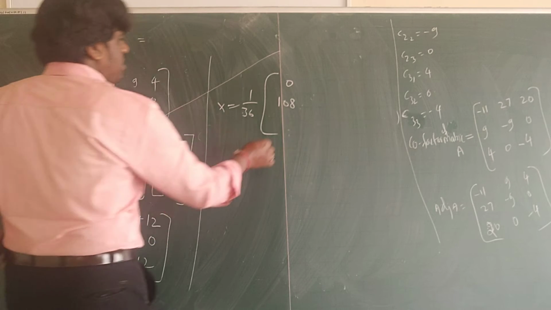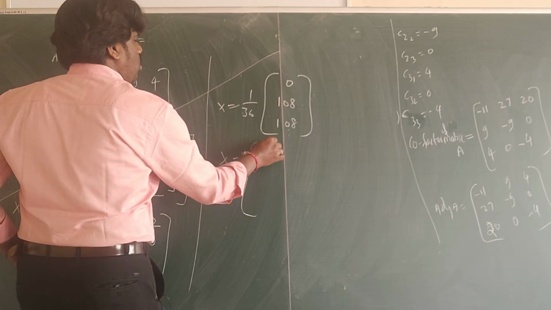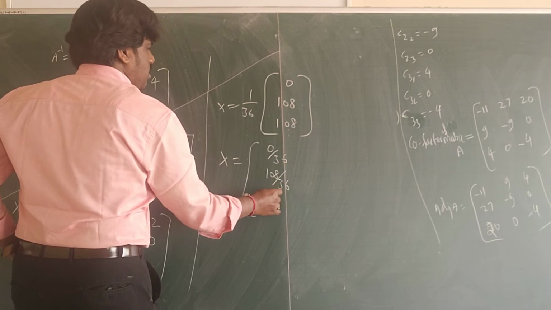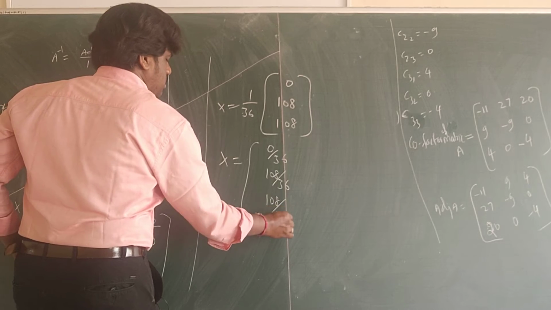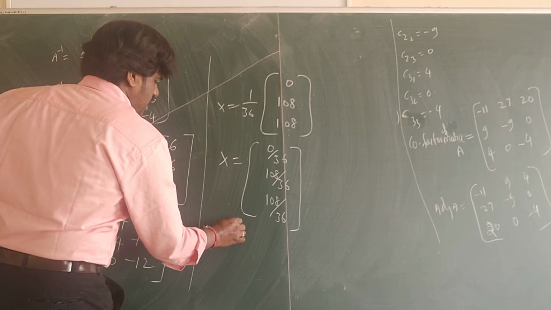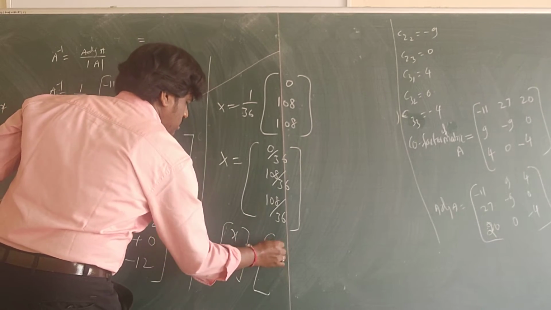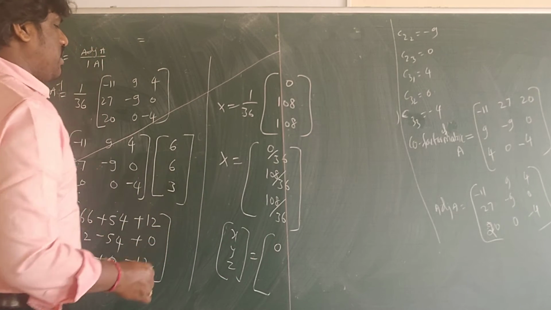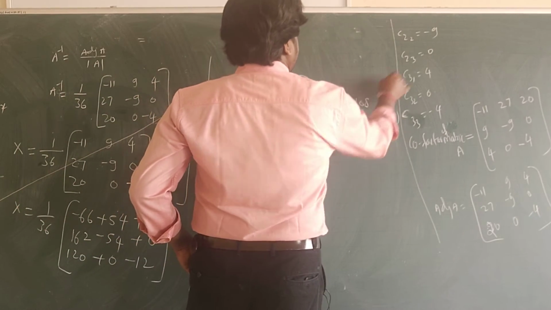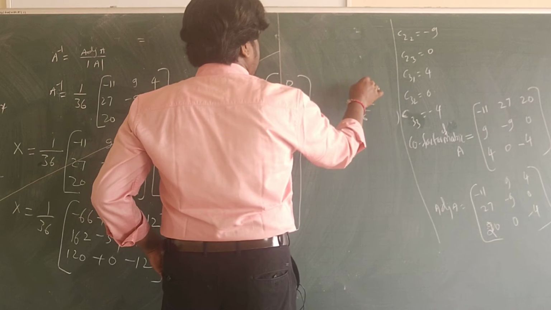So the x value you get as 0 by 36, 108 by 36, 108 by 36. Okay, so x is nothing but the matrix x, y, z, and that is equal to 0, 108 by 36, 108 by 36. Check whether you made any mistake. If you made a mistake in these C values, the whole answer will be wrong.